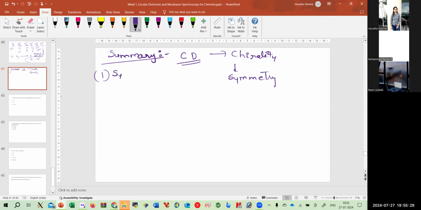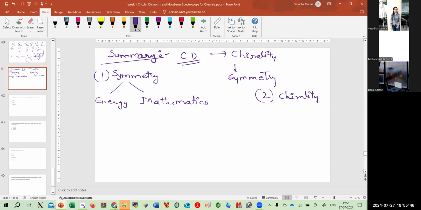Then we read about what symmetry is, a little basic of it. Then we related it with energy, and we also talked about the mathematics of it. The mathematics is nothing but the operations and the entities. We learned a little about chirality, just the basic example. This we will take in detail in the coming sessions.